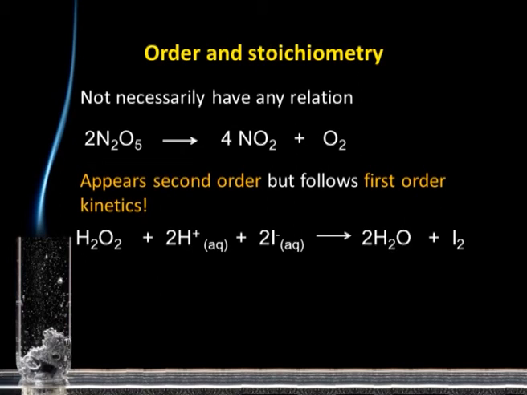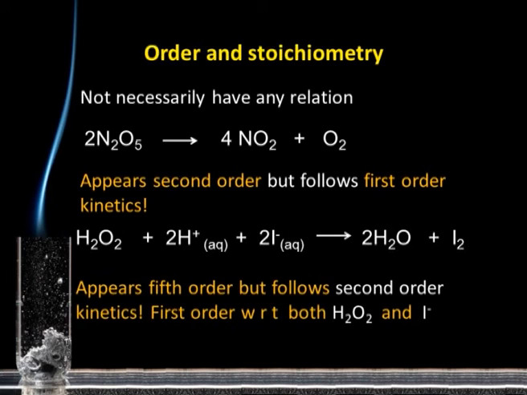See the other example, H2O2 plus 2H+ plus 2I- giving you 2H2O plus I2, appears to be a fifth order reaction. 1 plus 2 plus 2, we are adding the stoichiometric coefficients, but it follows second order kinetics. It is found to be first order both with respect to H2O2 and I-.